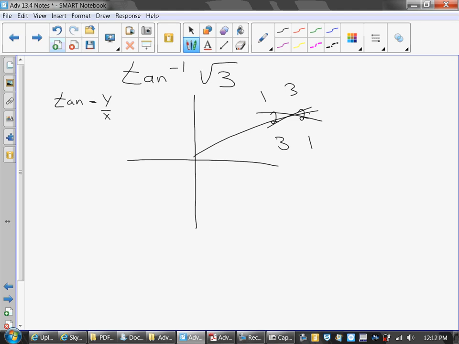Root 3 over 2 divided by 1/2 is root 3 over 2 times 2. That's where you get just plain old root 3. You're using logic here to figure out which one of these is going to get you just a root 3. Y over x, root 3 over 1, because the denominator dropped. So this is going to be at 60 degrees, or pi over 3. Hopefully not as scary.